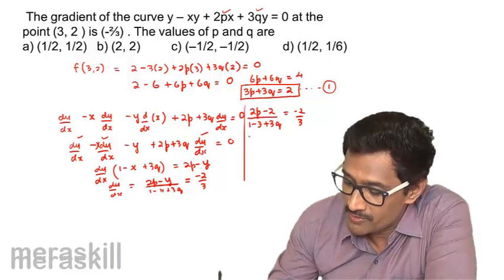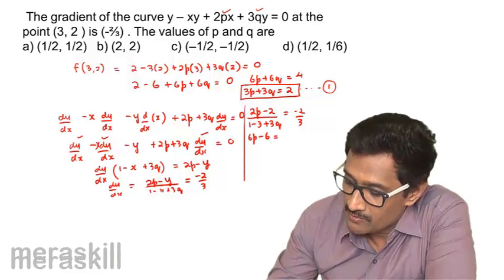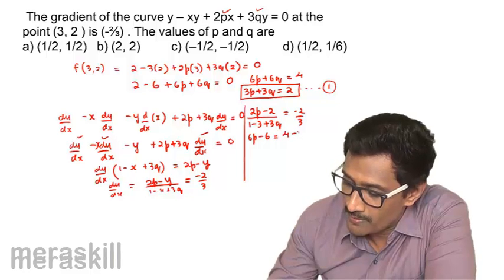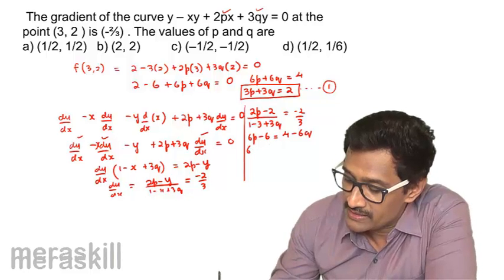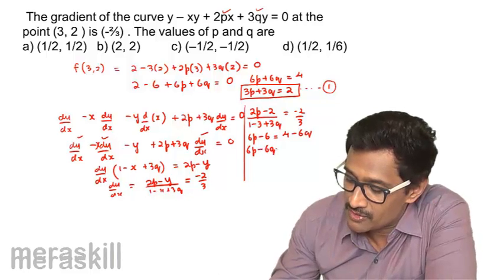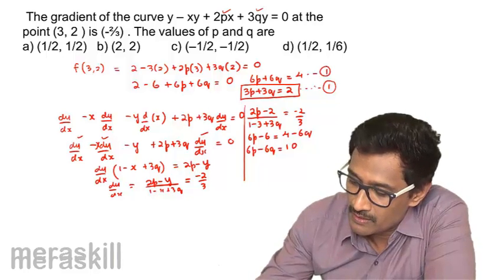So this turns out to be 6p minus 6 is equal to minus 2 into minus 2, 4 minus 6q. So you take it to the side, you get 6p minus 6q is equal to 10.